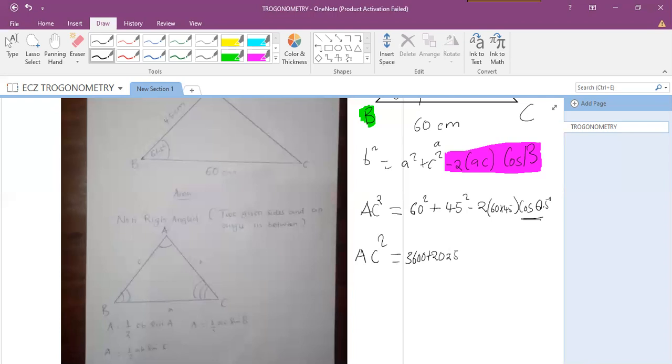So the answer will be positive. This part here.